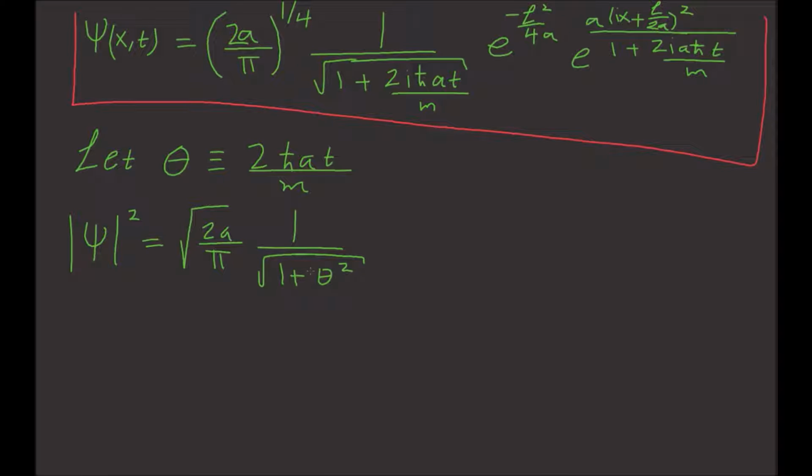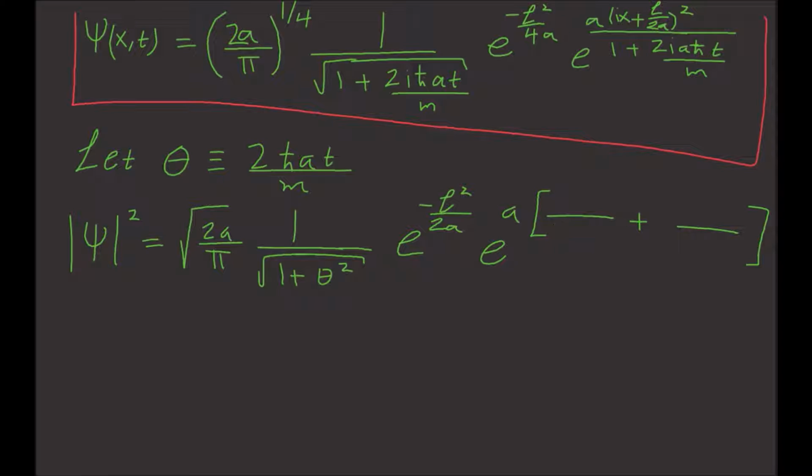Notice theta has no units, right? So that's times e to the minus L squared over 2a times e to the a times some term, let's try to fill it up here.